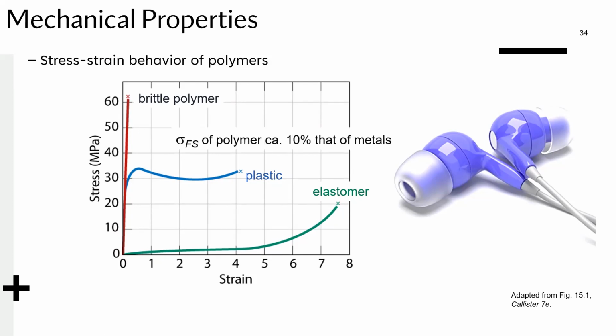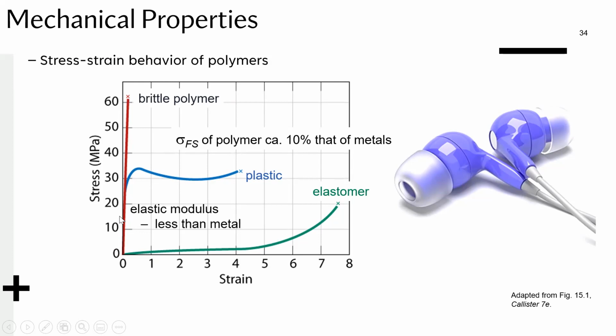The first thing you can see in general is that their failure strength, the stress at which they fail, is typically a lot lower than metals. If you remember with metals, you have at least hundreds of megapascals in terms of the maximum stress they can take, or in terms of the mechanical strength. Here you have around tens of megapascals, as you can see.